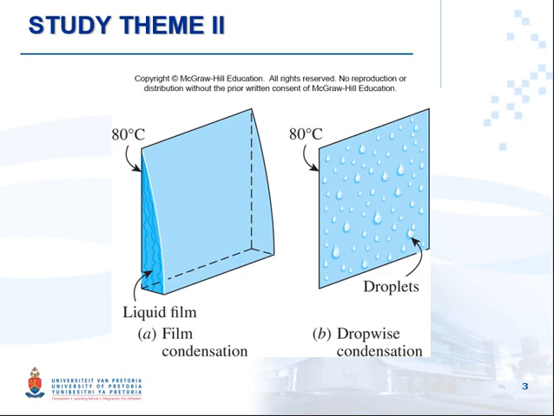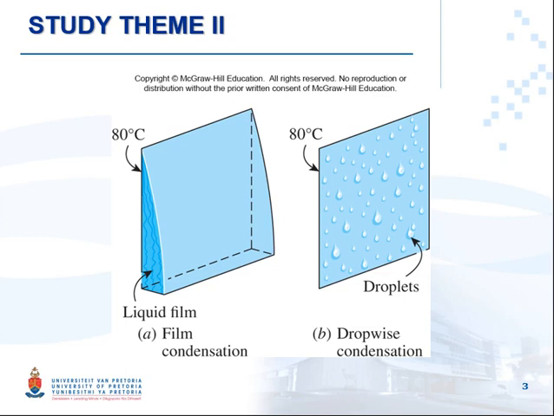This can be done in two different ways. First one, by bringing the vapor into constant contact with the solid surface that its temperature is lower than that of the saturation temperature of liquid.